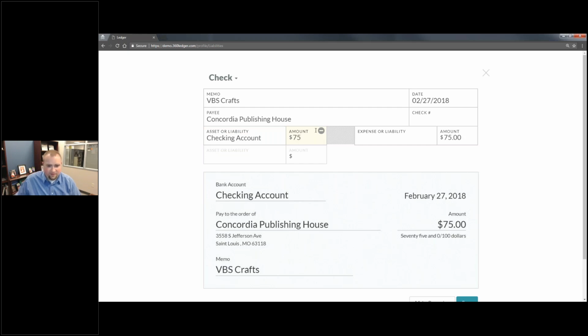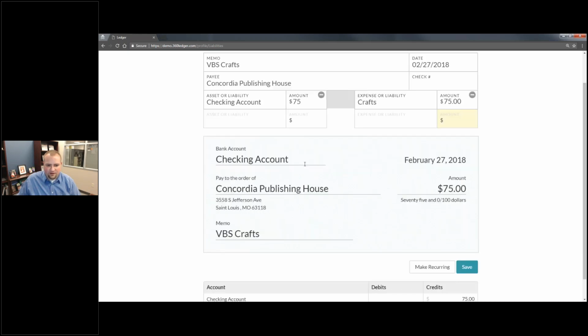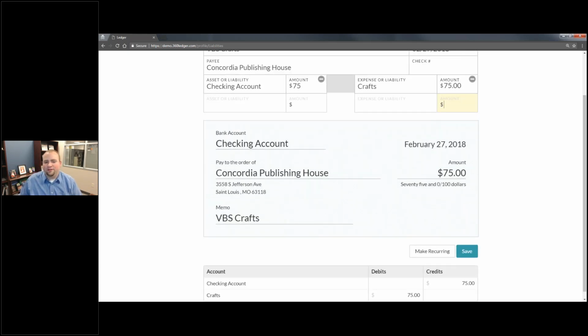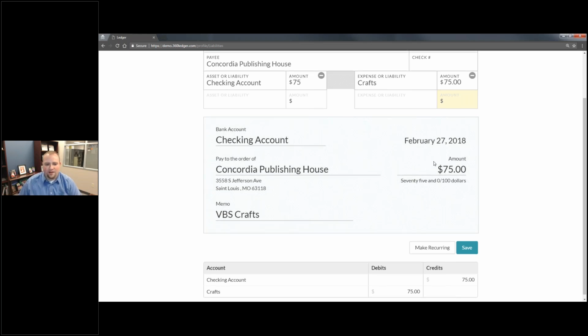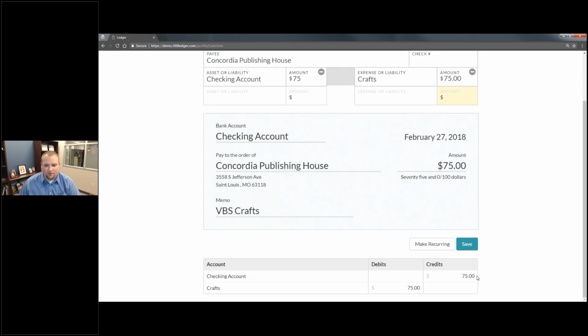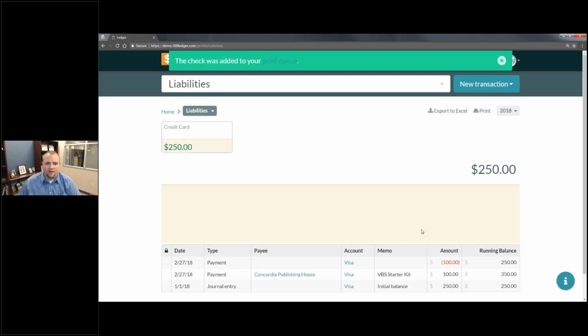We're just doing $75 worth of crafts, and I'll just put that there. And so that factors out. It gives me an example of what my check would look like. So if you're thinking about how you would write it out, you can double check it here. And then again, the credits and debits go correctly. So now I'll hit save. Now the transaction has happened.